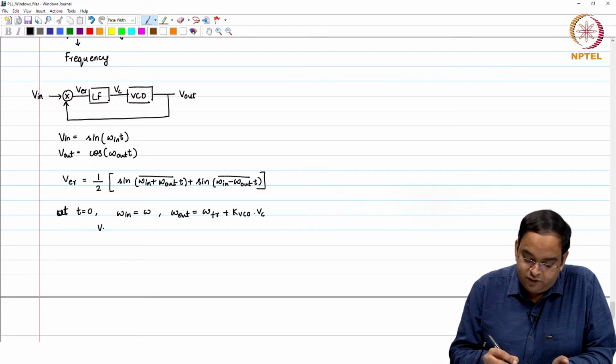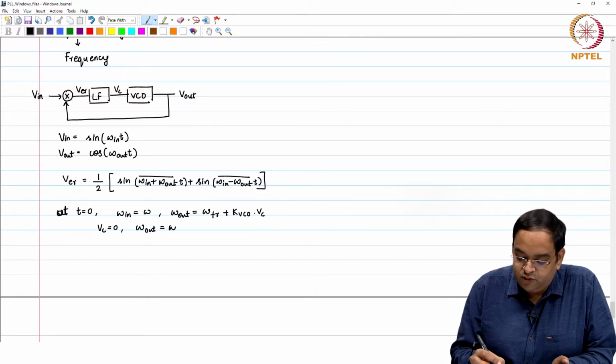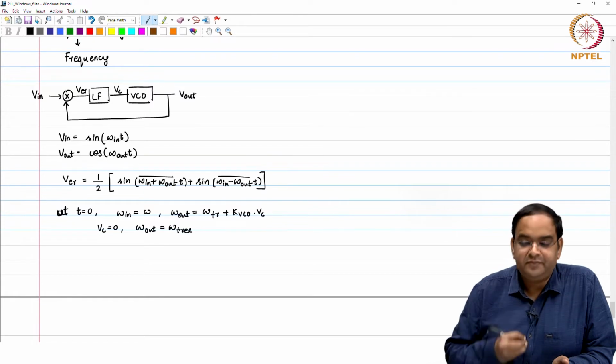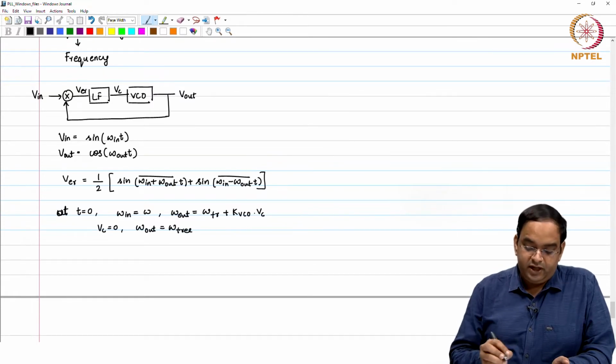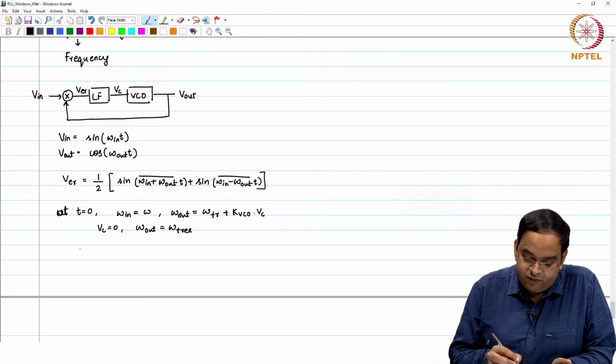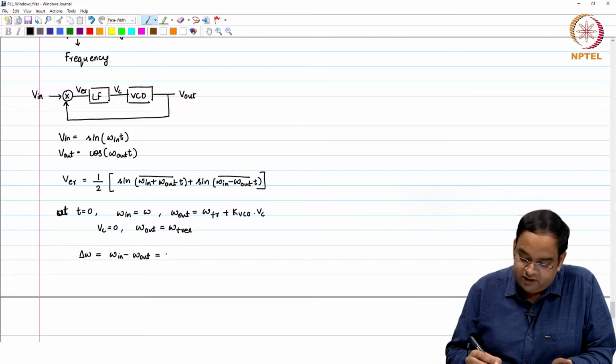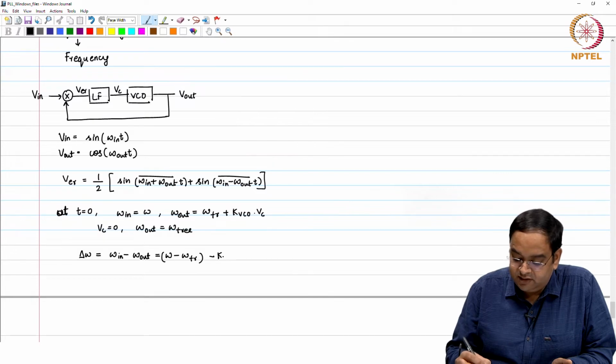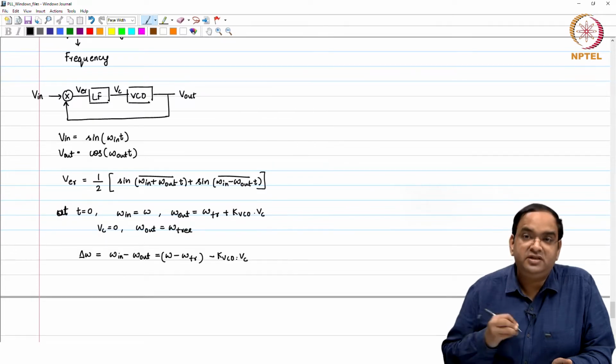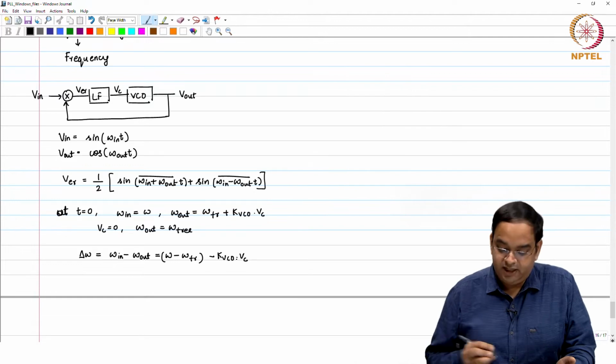At t equal to 0, Vc is equal to 0, so omega out is equal to omega free. Then we have a frequency error between omega in and omega out. I will write that as delta omega, which is omega in minus omega out, which is omega minus omega free minus k VCO times Vc. This is what we have.